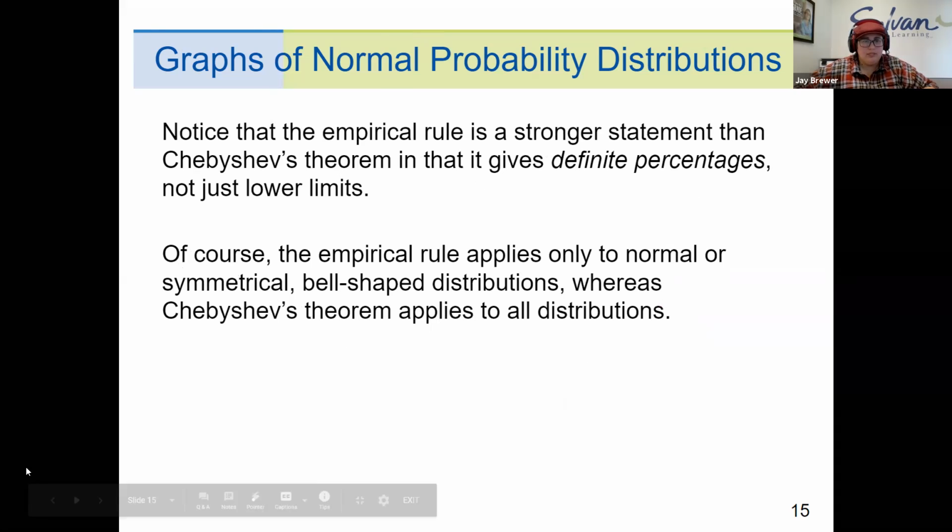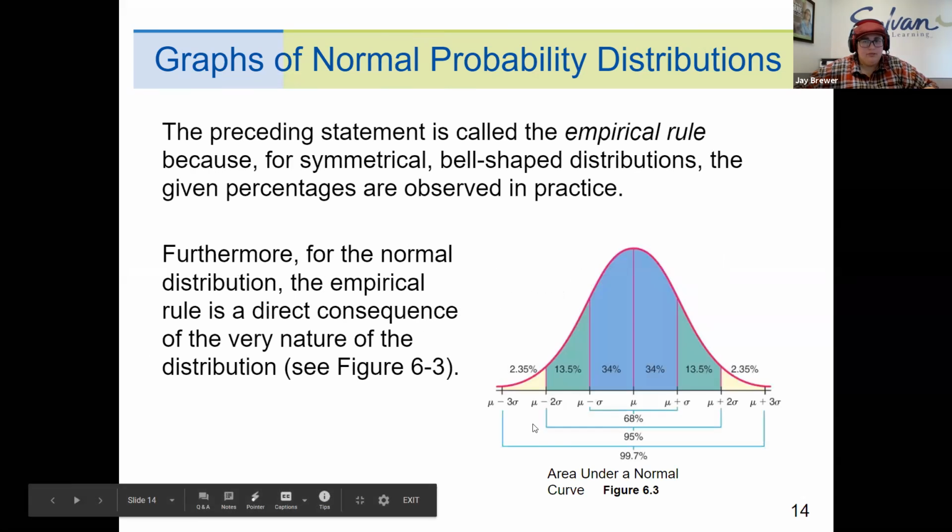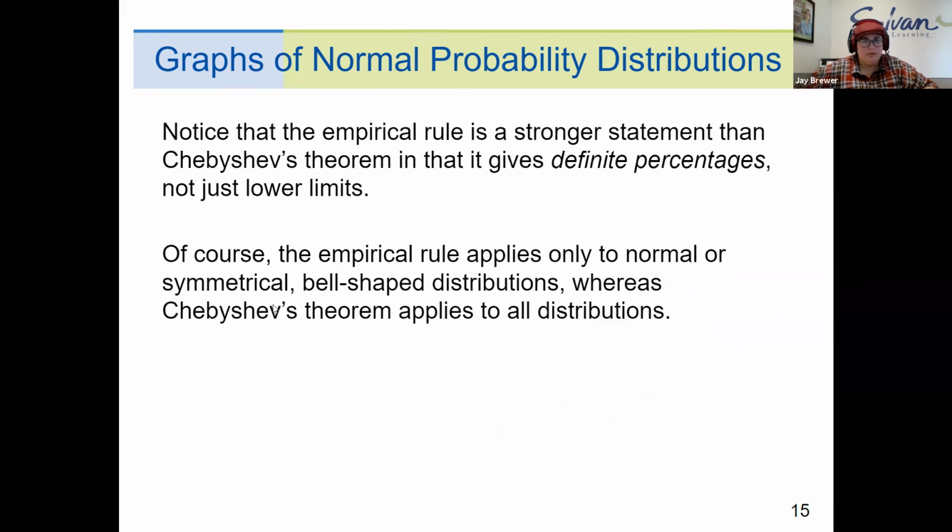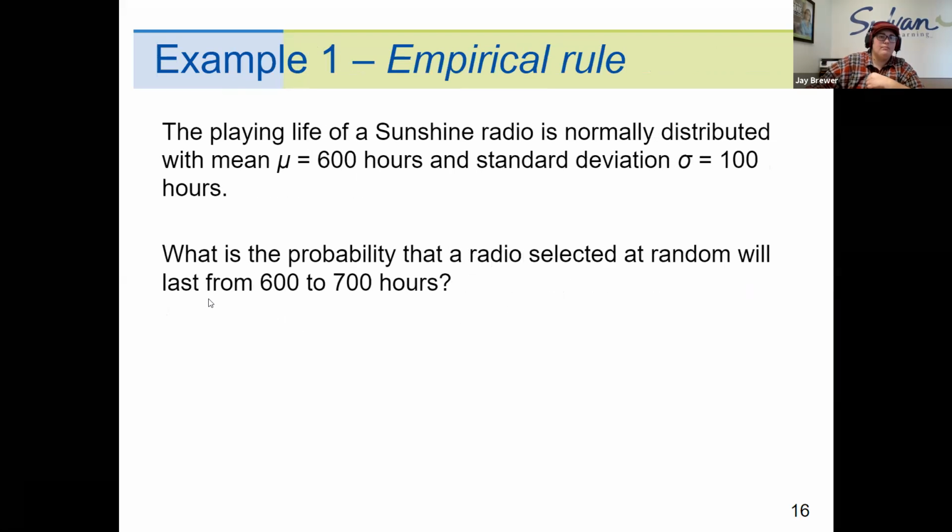But again, you can see that this is very, very succinct. You can't really mess this up. If you do, then it's just you writing it wrong, not really anything else. Of course, the empirical rule applies only to normal or symmetrical bell-curved distributions, whereas Chebyshev's theorem applies to all distributions.